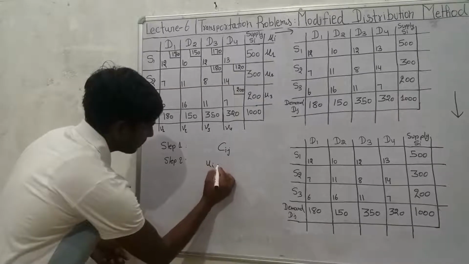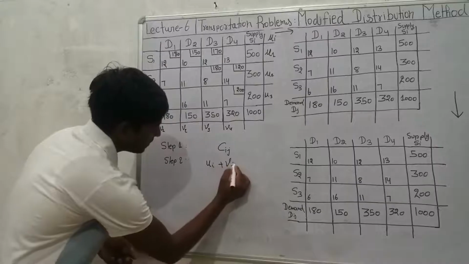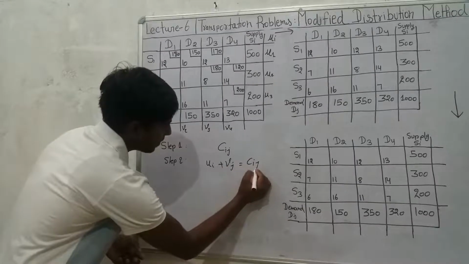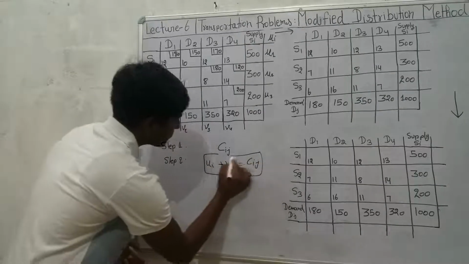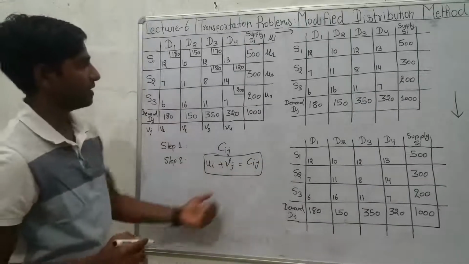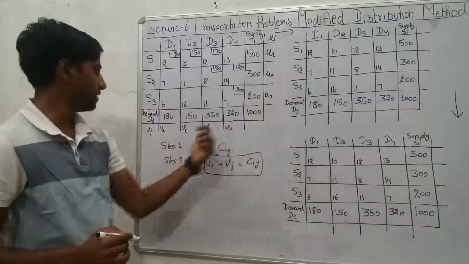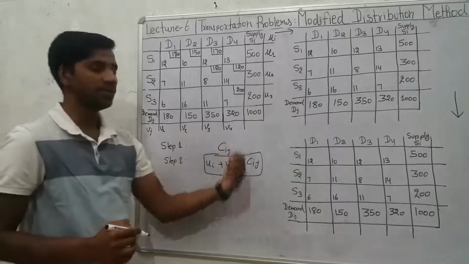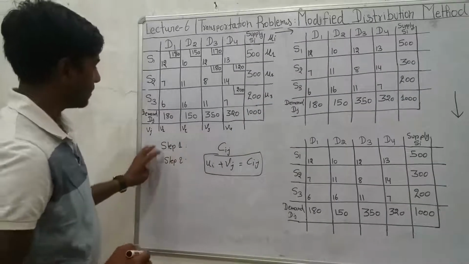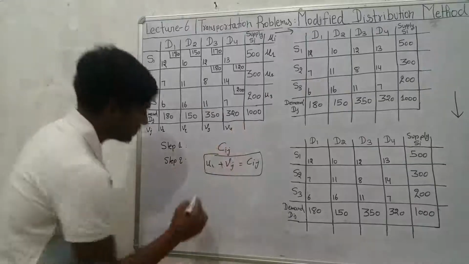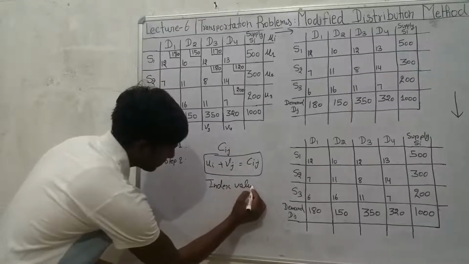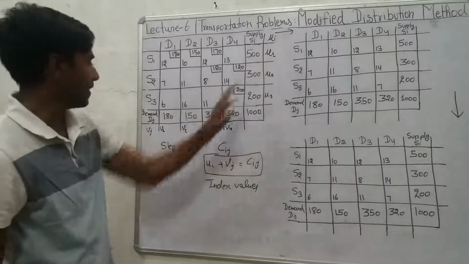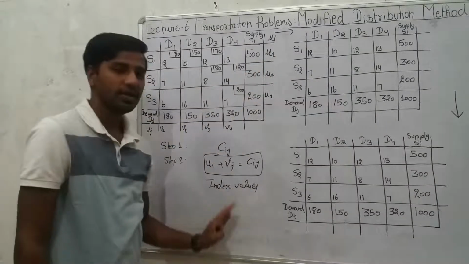Ui plus Vj is equal to Cij. This is the basic formula we are going to use to calculate the values of U1, U2, U3 and V1, V2, V3 and V4. Collectively Ui and Vj values are known as index values.